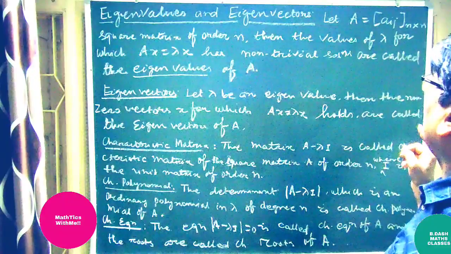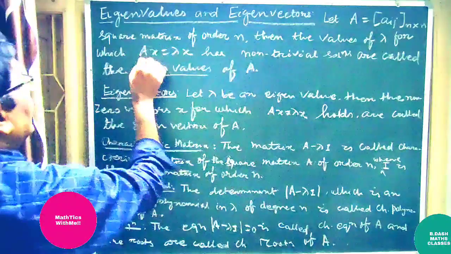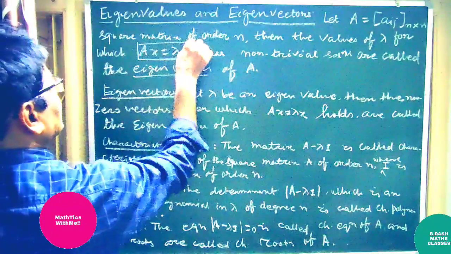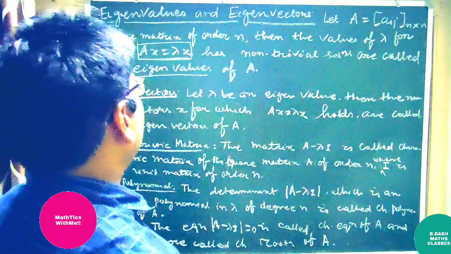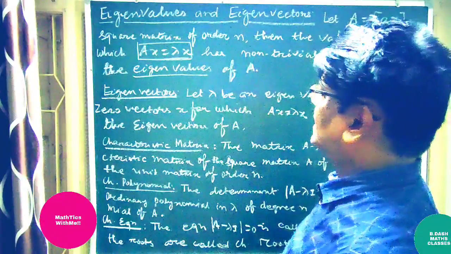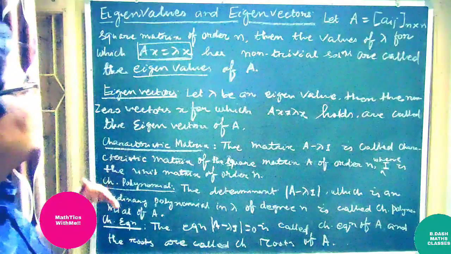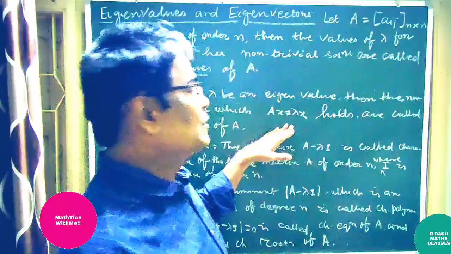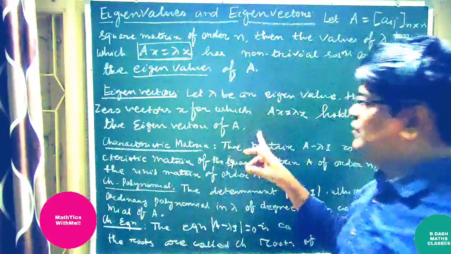Then the values of lambda for which the equation Ax equals lambda x has non-trivial solutions are called eigenvalues of A. Eigenvectors: let lambda be an eigenvalue.